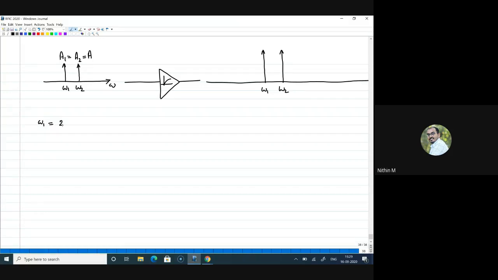Let my omega 1 be 2.4 giga and omega 2 be 2.44 giga. So just give me the values of omega 1 plus or minus omega 2, 2 omega 1 plus or minus omega 2, and 2 omega 2 plus or minus omega 1.